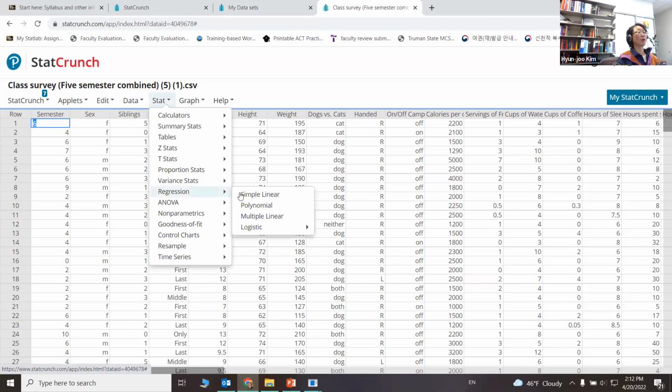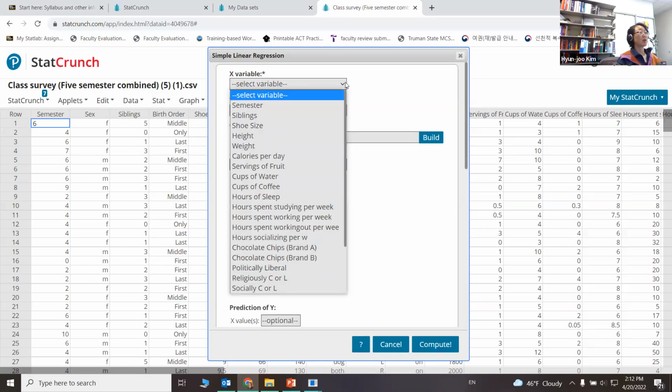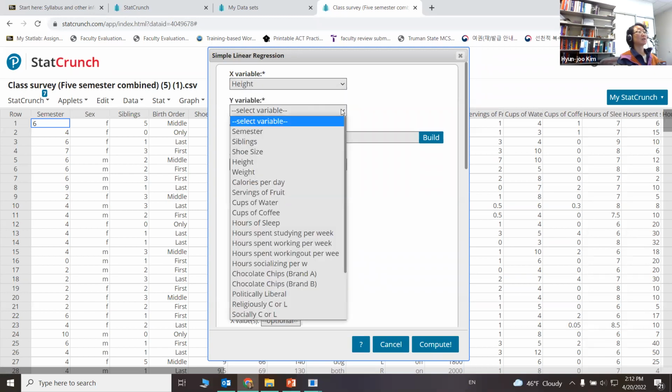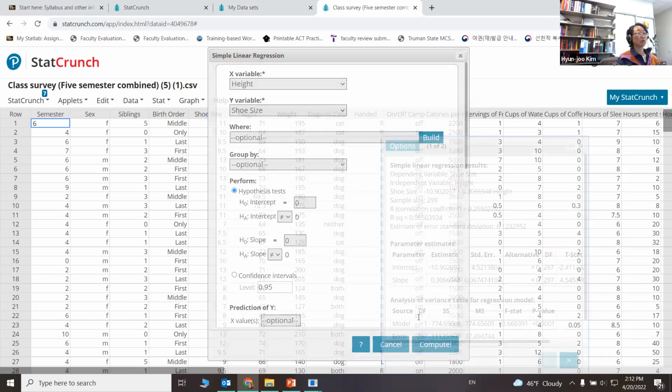Going back to StatCrunch, there are several different ways you can do it, but we're going to stick with the linear regression option. Your X is still height, Y is shoe size, and that's the only thing you need to do.